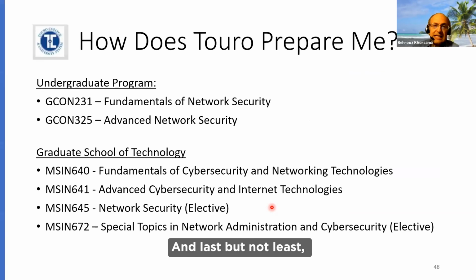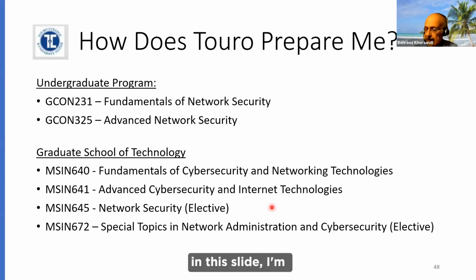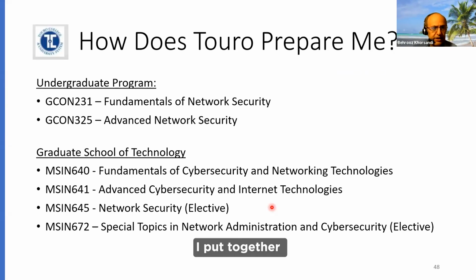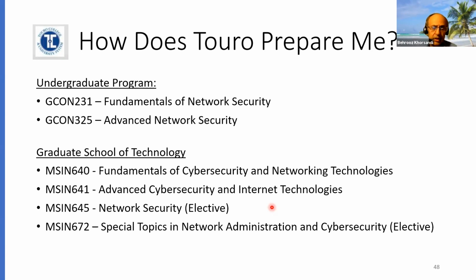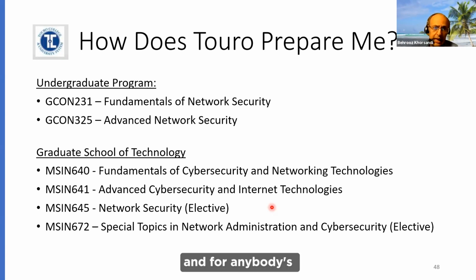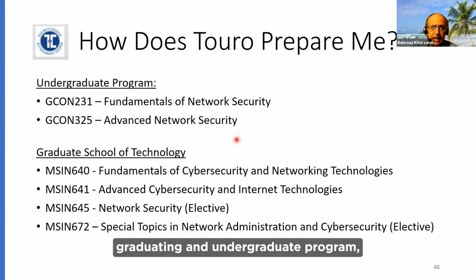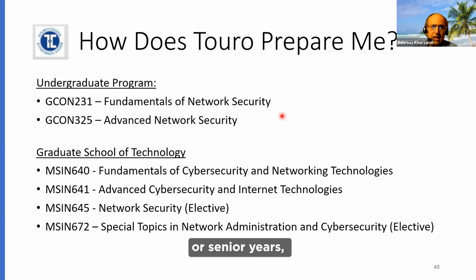And last but not least, in this slide, I put together the list of 6 courses, 2 undergrad and 4 grad. For anybody who's graduating in the undergraduate program, these 2 courses, which are typically taken in the junior and senior years, are mandatory and required.